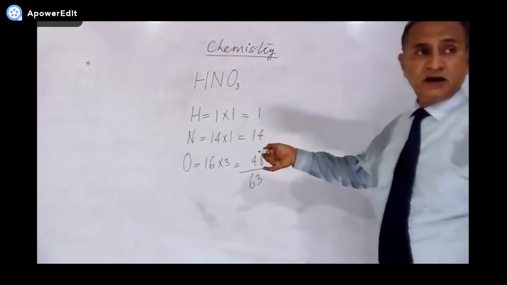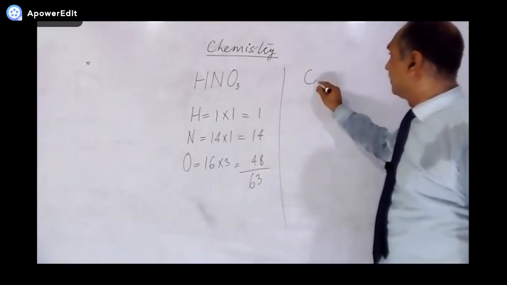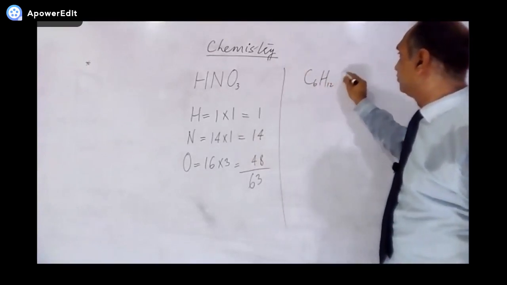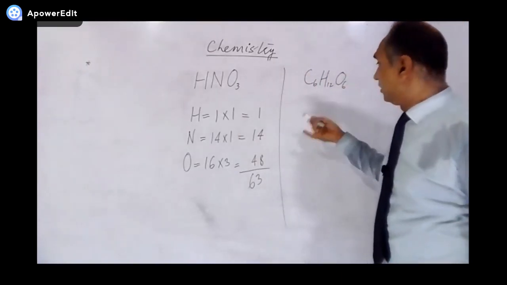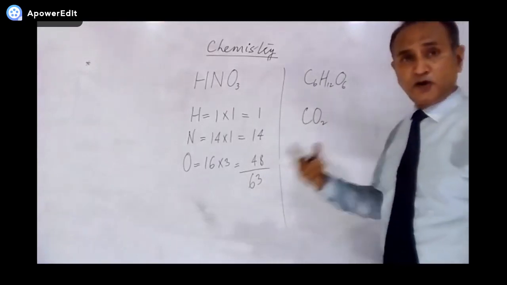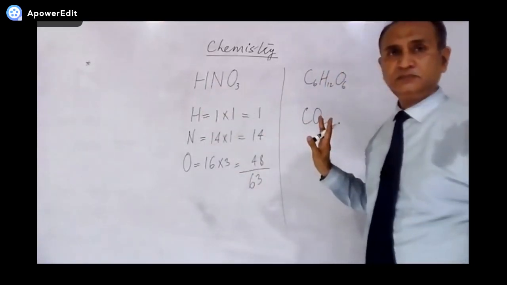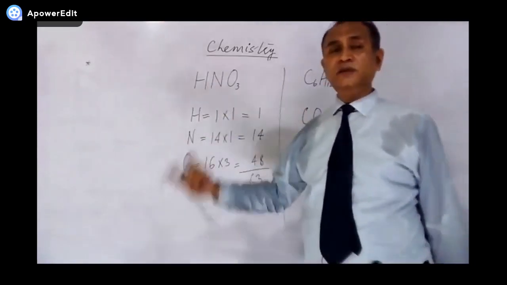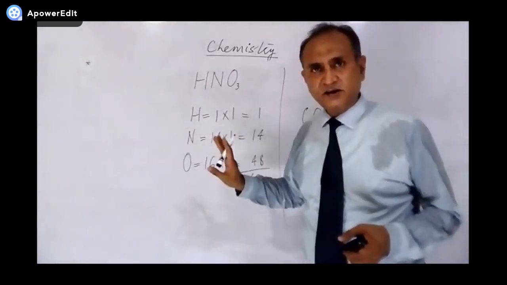Okay? So try to do these two plus this one, C6H12O6, just for practice. It's not an assignment. Or try to find out carbon dioxide. Tomorrow we'll continue from the same; the same topic will be continued. Is it clear?